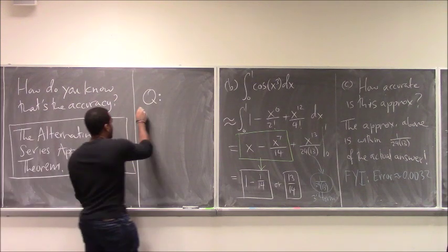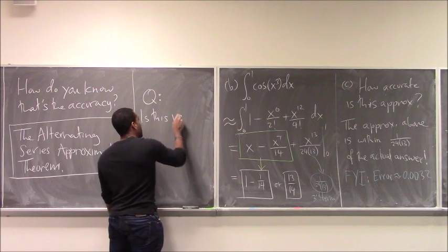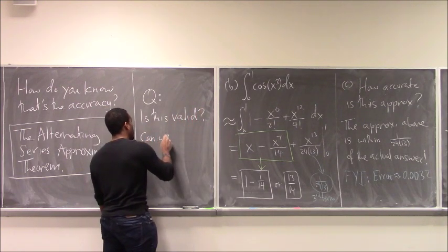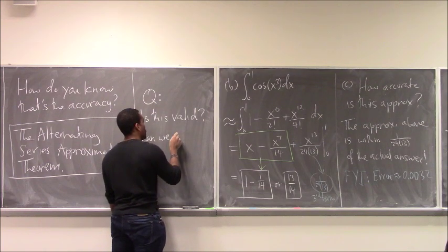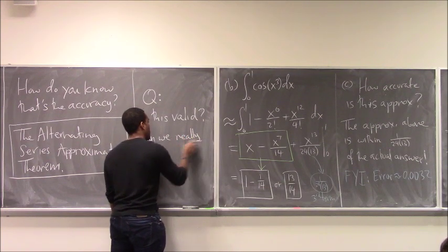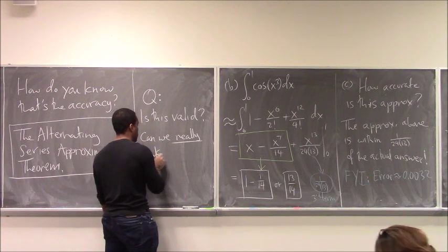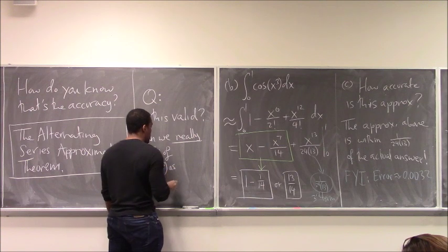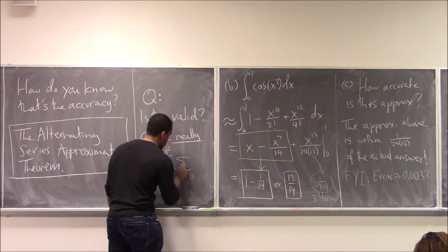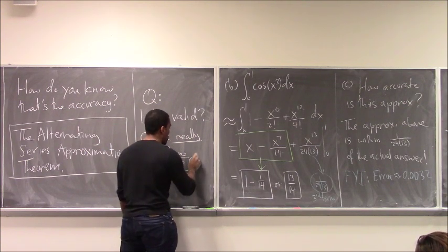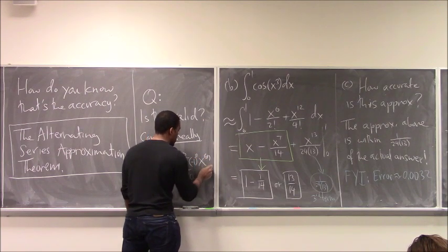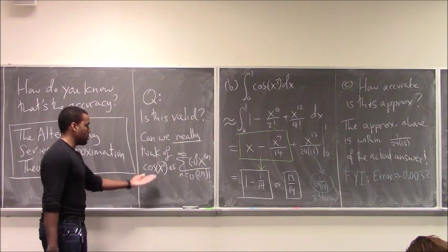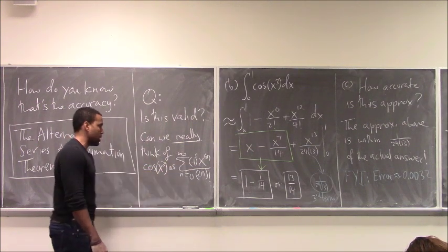But is this valid? Can we really think of cosine this way? Because that's essentially what I did in this problem. I literally thought of the cosine as being one and the same as this series, right? Plugging something in here was the same as plugging something in there.